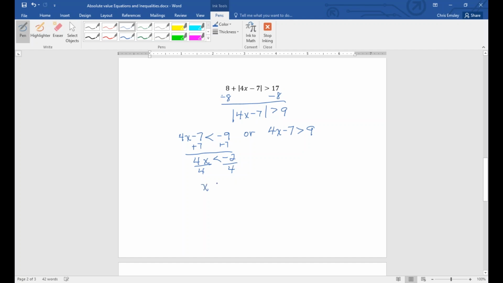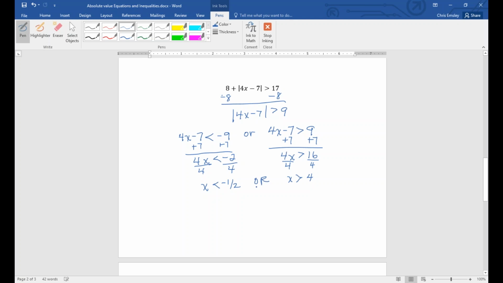So if we simplify, that means x is less than 1/2. We'll work on our other inequality. Again, add 7 to both sides. For x is greater than 16 means that x has to be greater than 4.